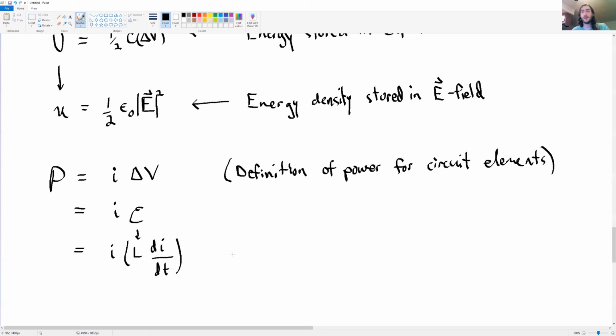Same case for the inductor. We're going to have a situation where the inductor can be, quote unquote, being charged up, whatever that means, and then we can also have the reverse of that. The inductor is quote unquote charged up, and now it's going to be discharging. But really what's going on there has to do with the change in flux.